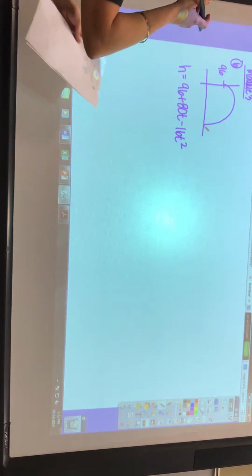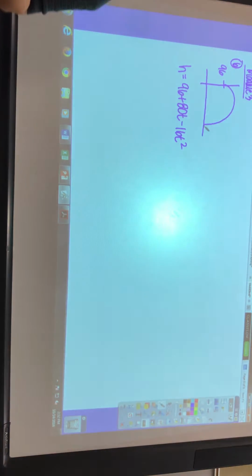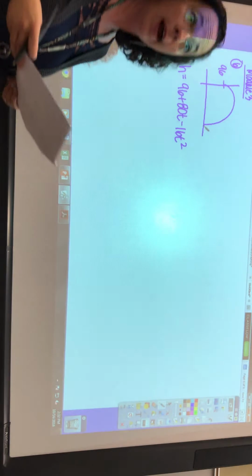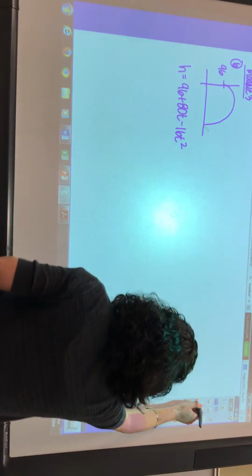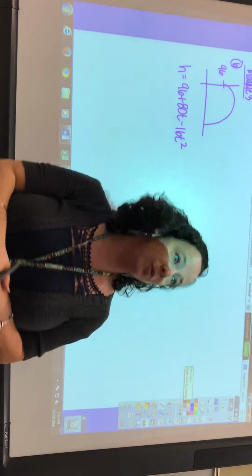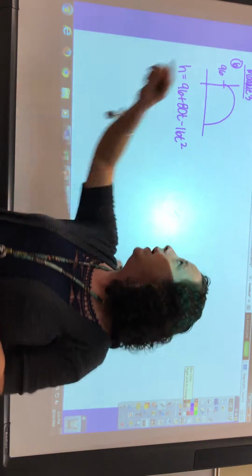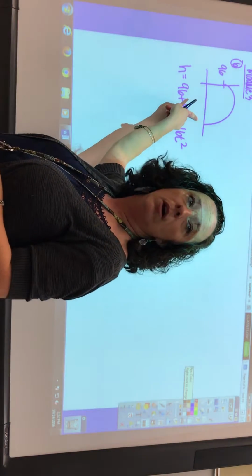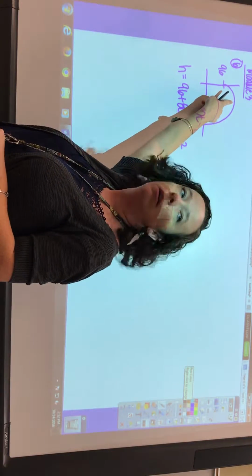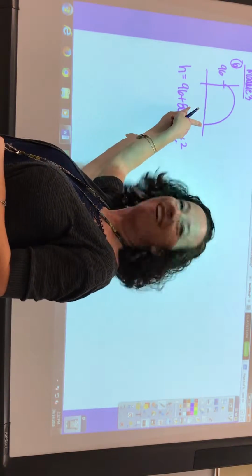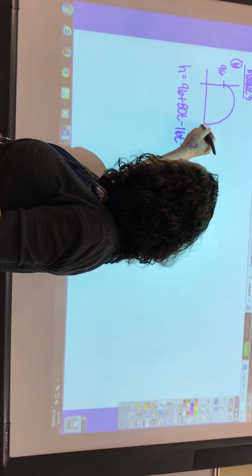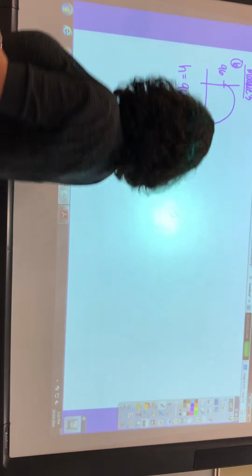Now, what does the question say? How long will it take the projectile to strike the ground? We're doing time, so we need a t value, which is on the x-axis. Where does it hit the ground? Down, right there. Good. So what am I going to put into y1?